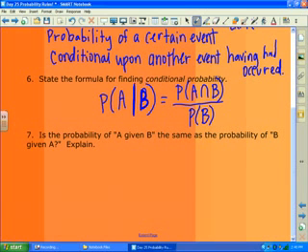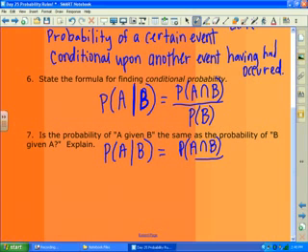All right. And number 7, is the probability of A given B the same as the probability of B given A? No, why not? Okay, good. Their fractions will be different. Because if I say the probability of A given B, the top number will be the same, but what's going to be different?